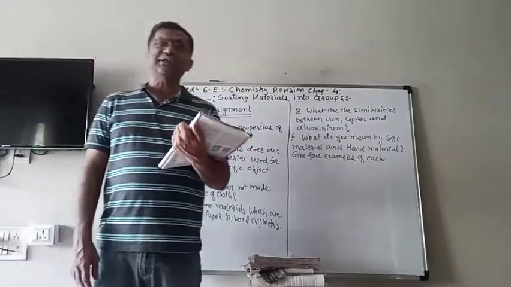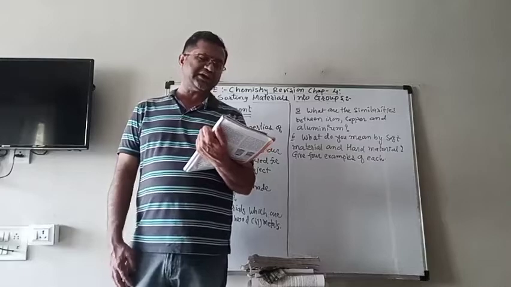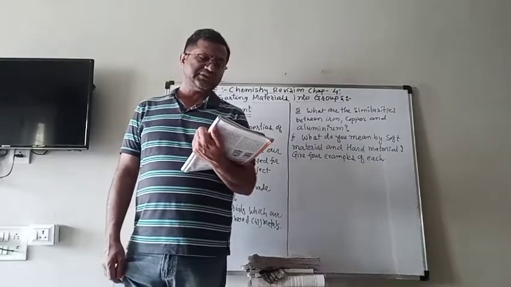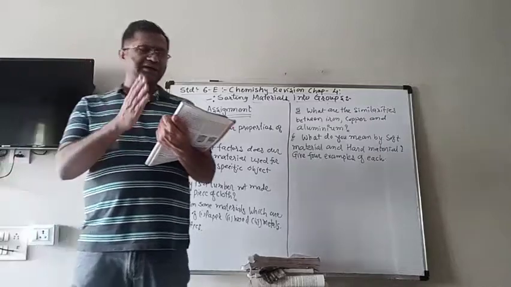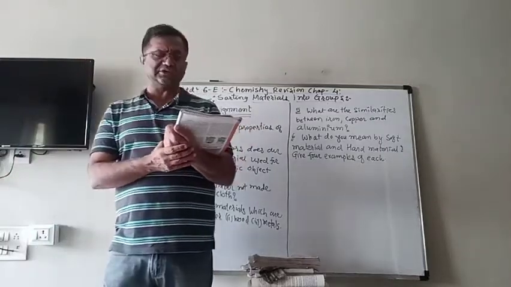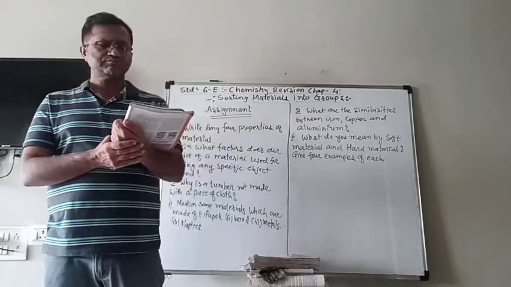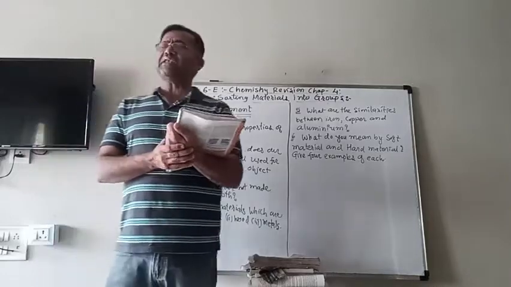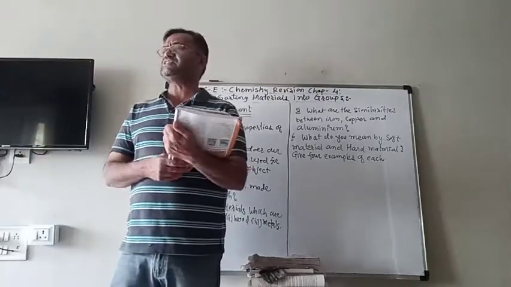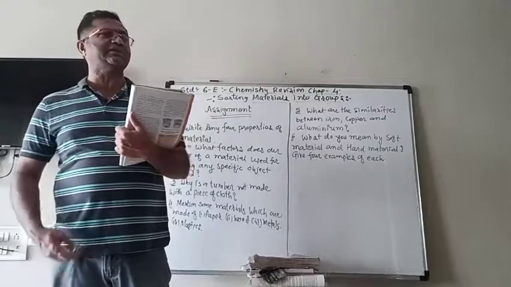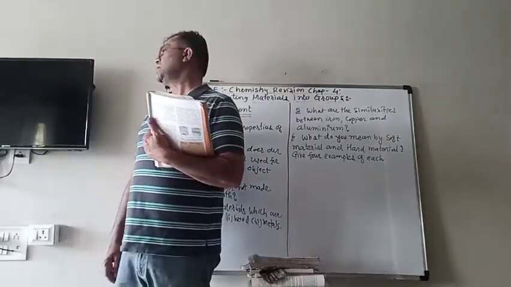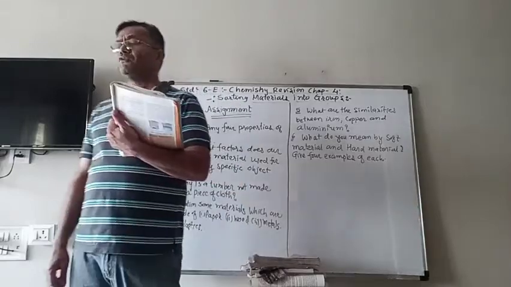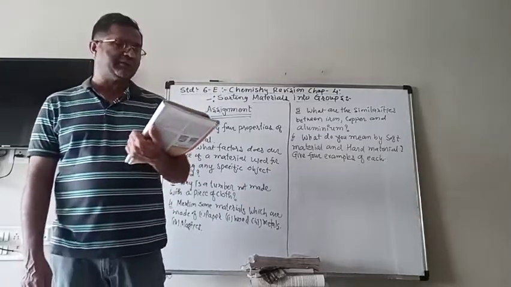But wooden material is not shiny, it is dull. So in appearance, we can see that there is dissimilarity between metallic objects and wooden objects.